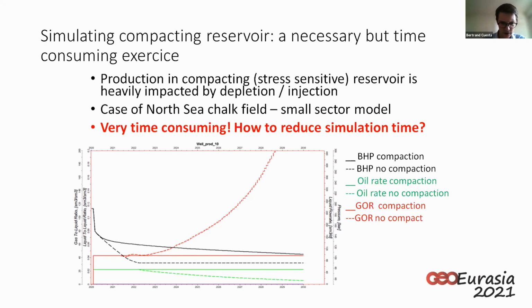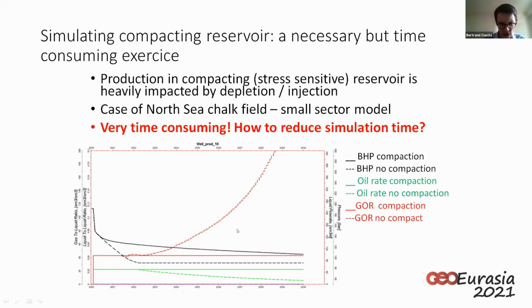If we consider stress sensitivity, so compaction and its impact on the production, and if we do not take that into account, compaction cases are represented in continuous lines. The green one is the oil rate, the red one is the gas oil ratio, the black one is the bottom hole pressure. And if we don't consider compaction, then this is a dashed line. So for instance, the bottom hole pressure here, the gas oil ratio here, and the oil rate which declines.